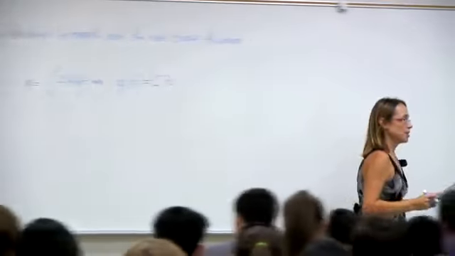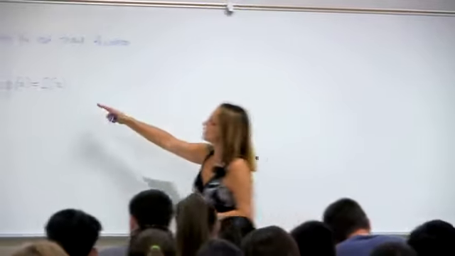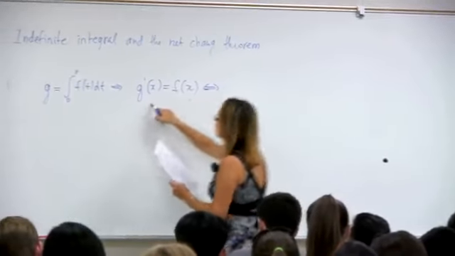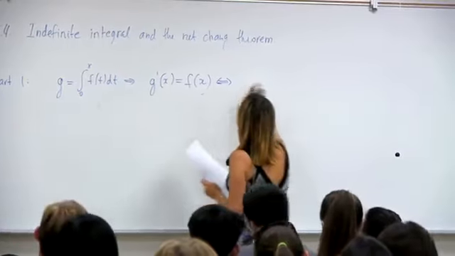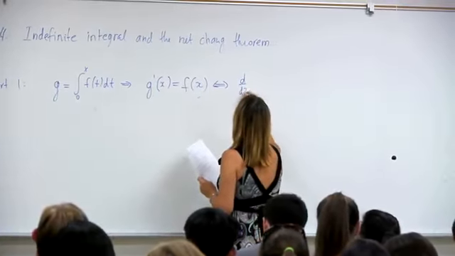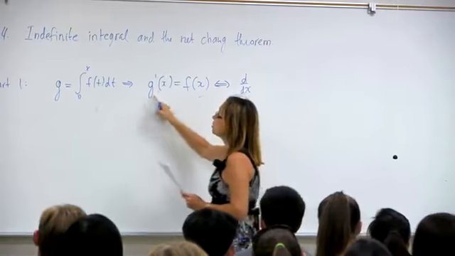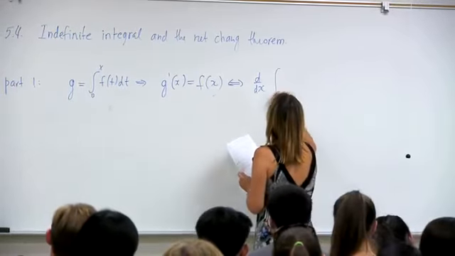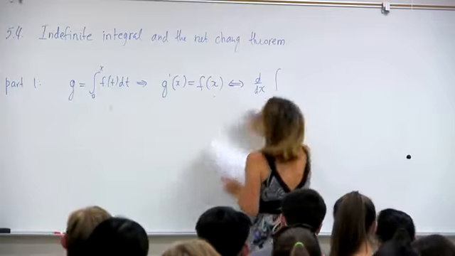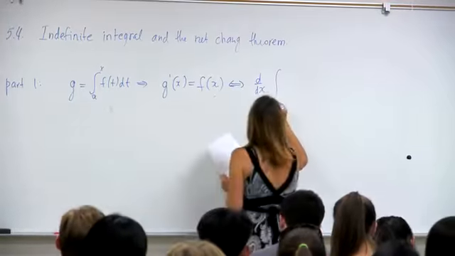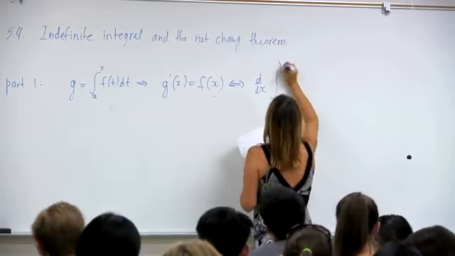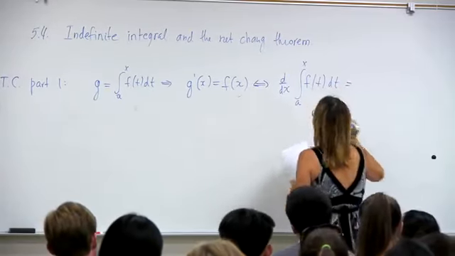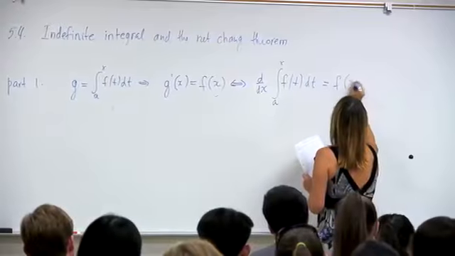For the purposes of this lecture, I'm going to rewrite exactly the same thing using a slightly different notation. Instead of g prime, I'm going to use d/dx, and for g of x, I'm going to use its definition: the integral from a to x of f of t dt, and that's equal to f of x.